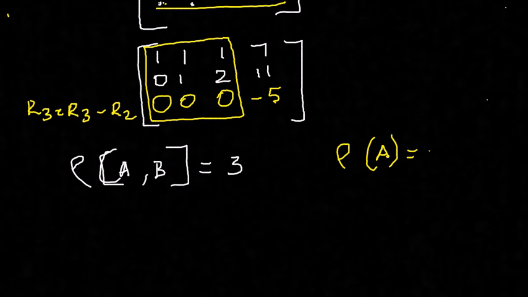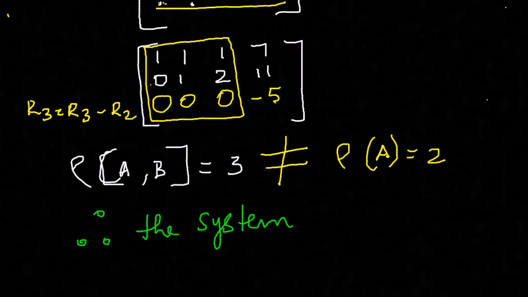Yes, you're right, it's 2, because you have only 2 non-zero rows here, right? So obviously the rank of A and B is 3. It is not equal to the rank of A, which is 2. Therefore you can say the system is inconsistent, right? If the system is inconsistent, we cannot solve for x, y and z, right?